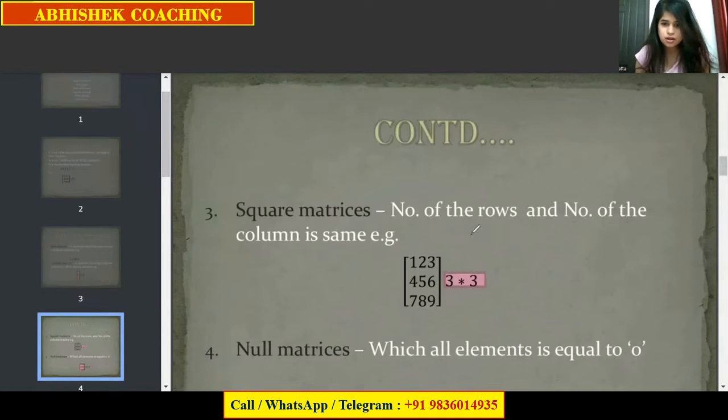It's just like if I write a matrix 1, 2, 3, 4, 5, 6. So there are 2 rows and 3 columns. So it is in the form of a rectangle, like this.